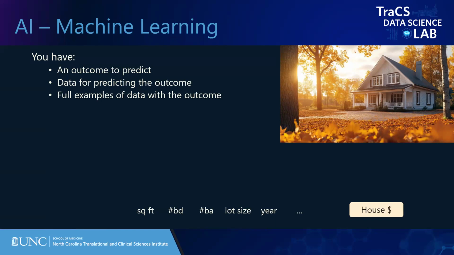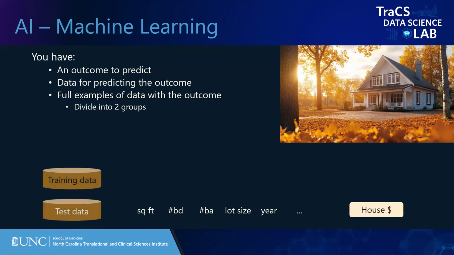So we need examples that have the outcome so the model can have a chance to learn the connection between all of the features and the outcome. And we'll take those full examples that you have, we'll divide those into two data sets. The first one we'll call the training data, and then the rest will go into what we call the test data.